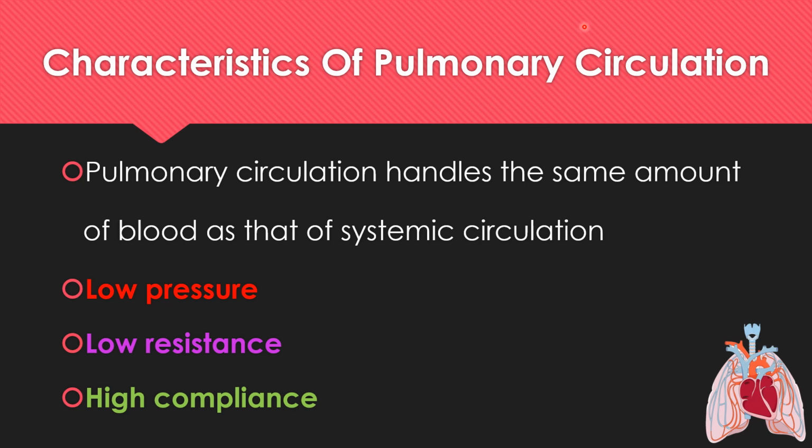It has a thinner wall than the systemic circulation, so the vessels are very distensible. As they are distensible, they have higher capacitance, so it can store a larger amount of blood. So it has higher compliance than the systemic circulation.